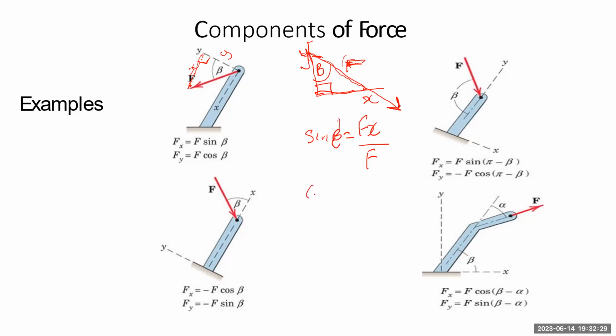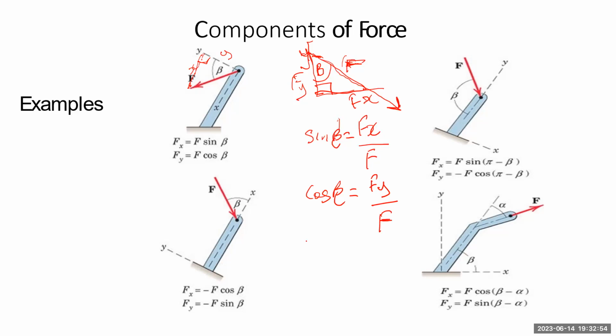And what about the cos? Cos of beta would be equal to what now? The cos is the side beside it. So this is a component. This is F of y, while this is F of x. So it's the adjacent side upon the hypotenuse.